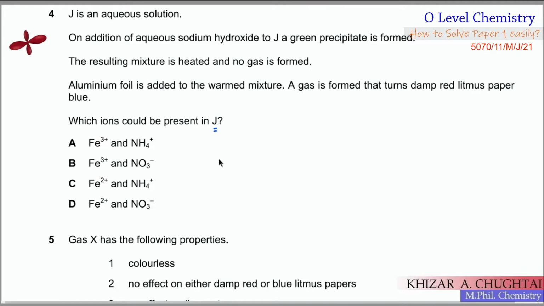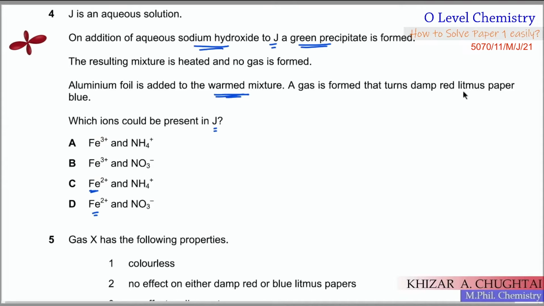So this is basically the test of anions and the test of cations. Once again, aqueous sodium hydroxide was added to J, and a green precipitate formed. That may be because of iron(II) or chromium(III), but there is only one option, iron(II). So either C or D is the correct option. Then aluminium foil was added and the mixture was heated in the presence of sodium hydroxide as well.